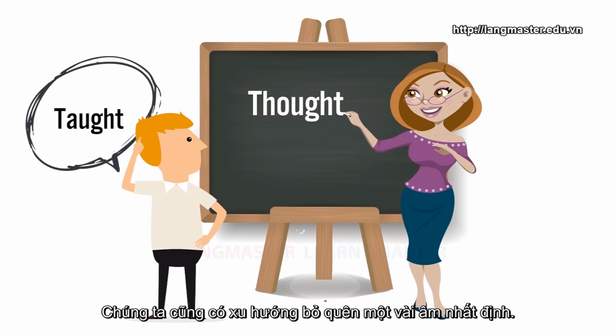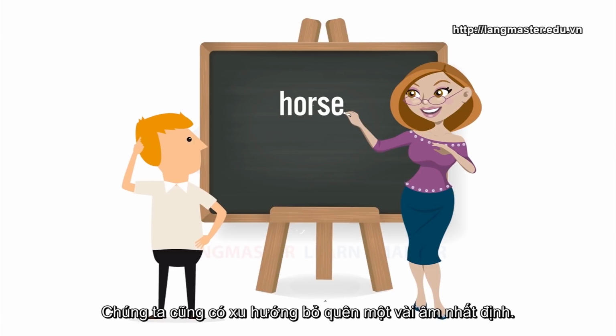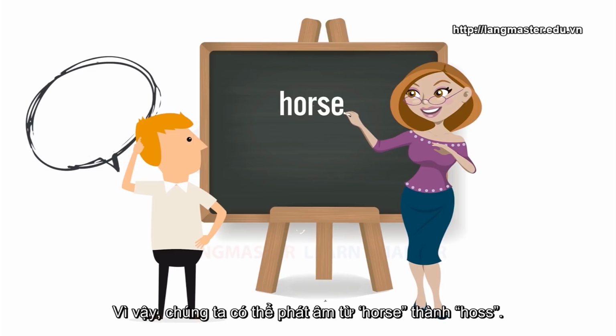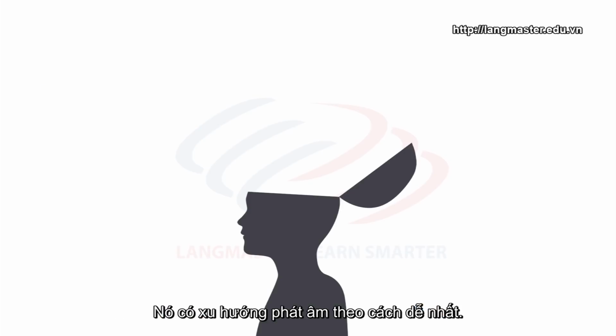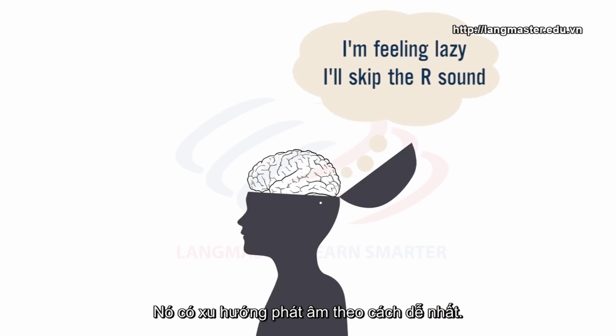We also tend to ignore certain sounds. So, we might pronounce this word as hos instead of horse. This is because the brain is lazy. It has the tendency to pronounce words in the easiest way possible.